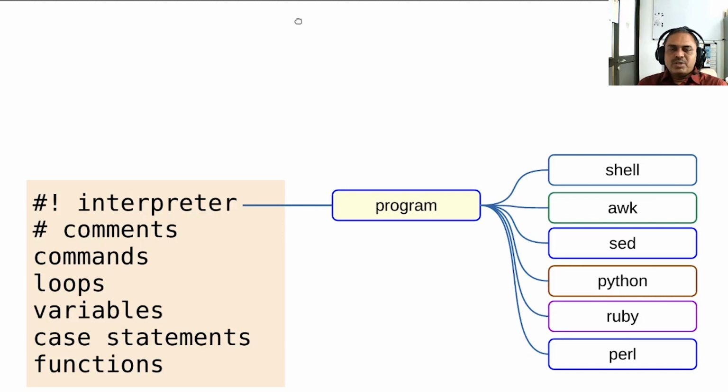In our course, we will be dealing with awk and sed in the upcoming sessions, and the remaining languages would be dealt with in other courses where those languages will be put to greater use in application development.